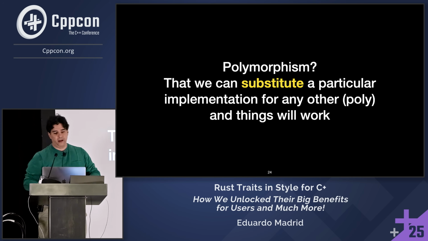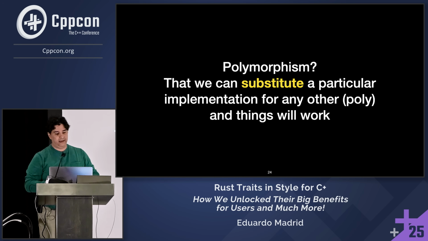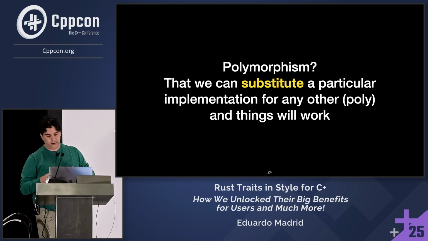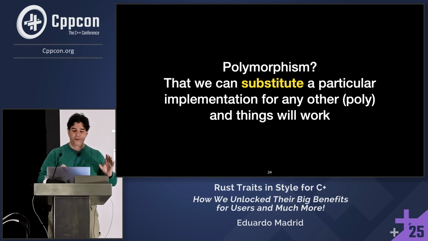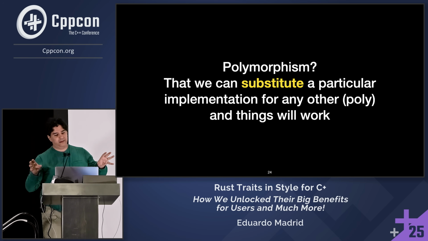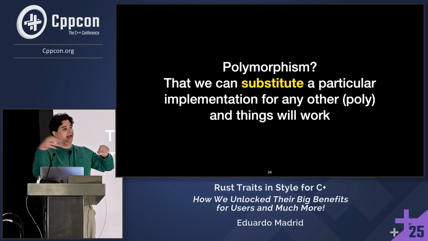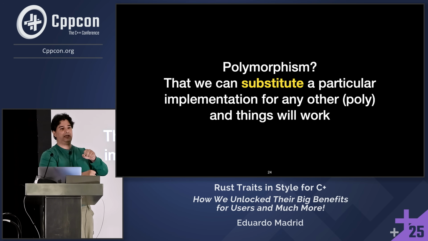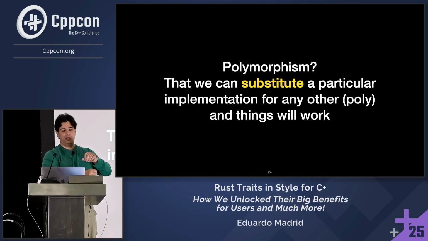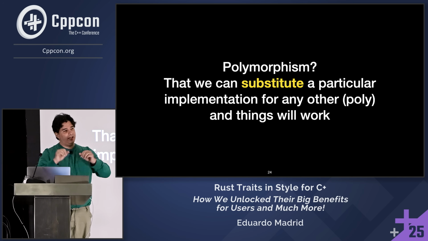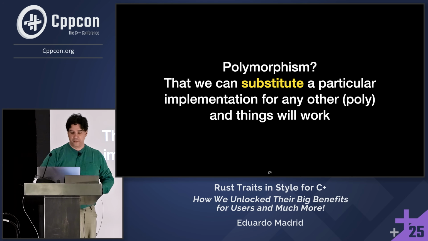Polymorphism, well, hear me out because this is subtle, and I hope that at least some of you see this for the first time. The whole idea is that no matter what the implementation is, you can substitute any implementation in the code, and things will just work. So that multiplicity is the part of poly, and the morphism is the behavior.